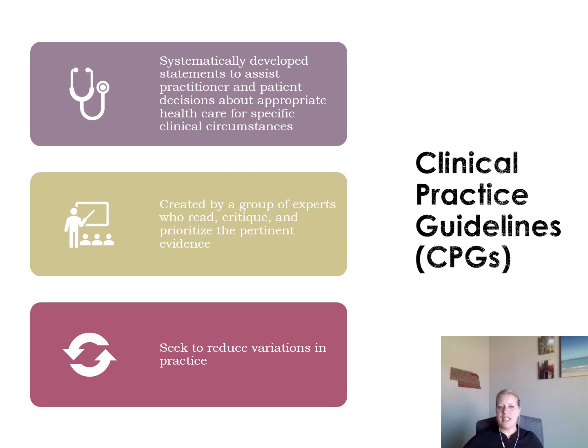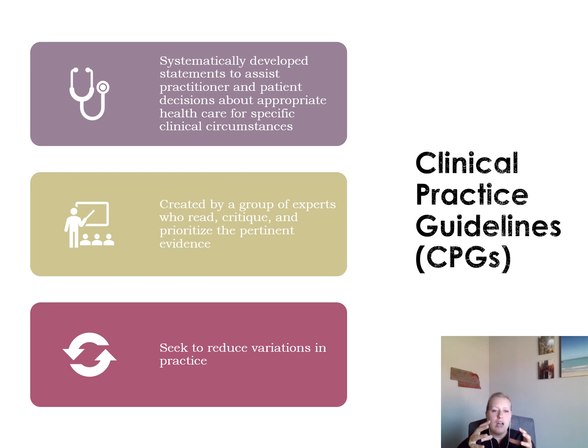Clinical practice guidelines. These are systematically developed statements. So pretty much they're statements that are created by a group of experts who read and critique and prioritize the evidence. So usually it's based off of level 1 systematic reviews, meta-analyses that we just talked about.